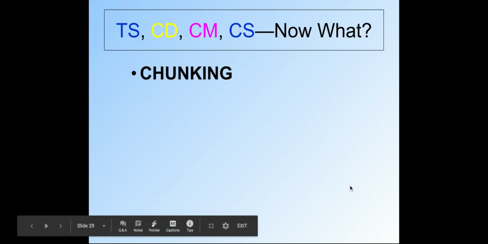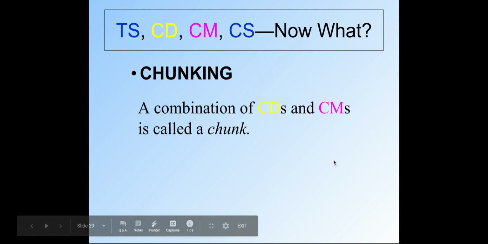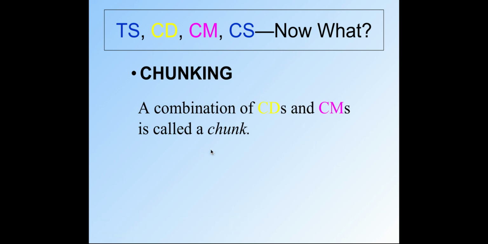Okay, so now what? All right. As I mentioned, we are going to be using a certain ratio of concrete details and commentary, right? So I want you to know that when we say one chunk, we mean one concrete detail, two commentary. If I say two chunk, that means I want two concrete details. And for each concrete detail, you need two commentary sentences. So that one would look differently.